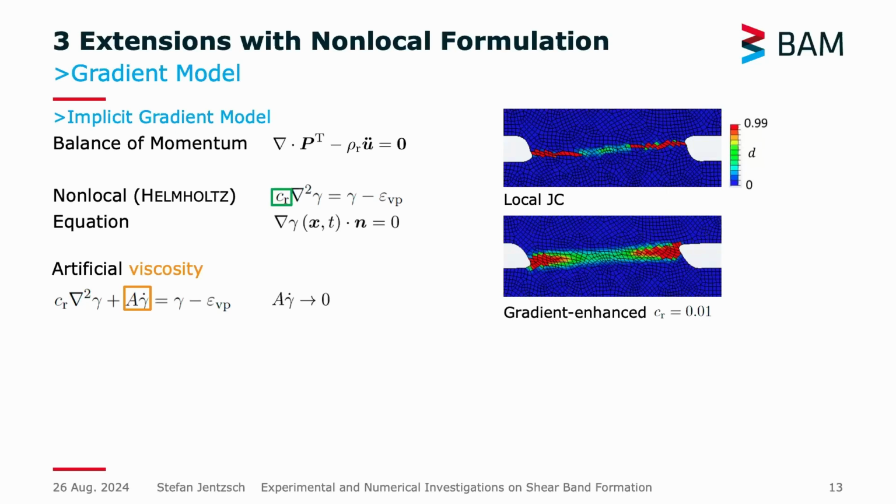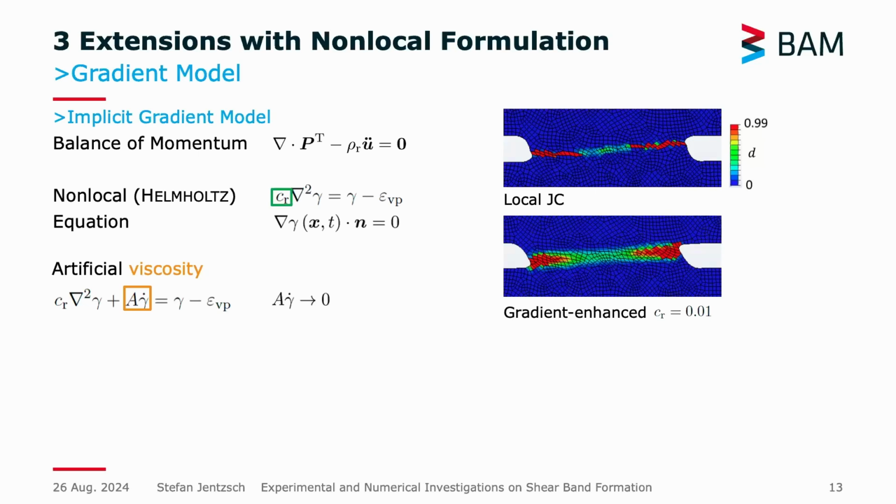I use the implicit gradient model approach with another field equation, this Helmholtz equation. For dynamic tests, I introduced this artificial viscosity, which should not change the results or the accuracy of the results.